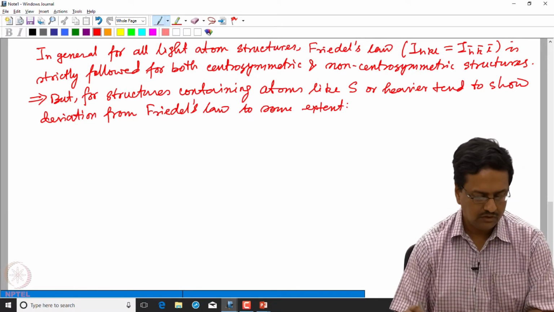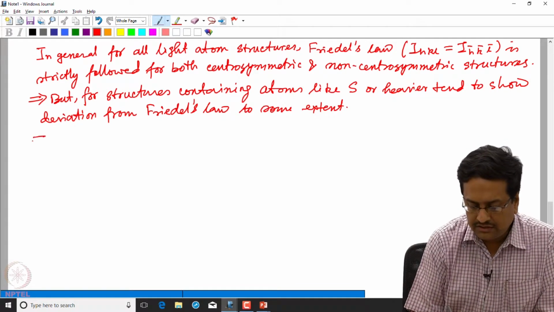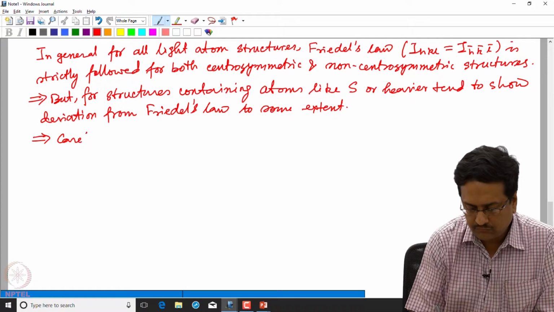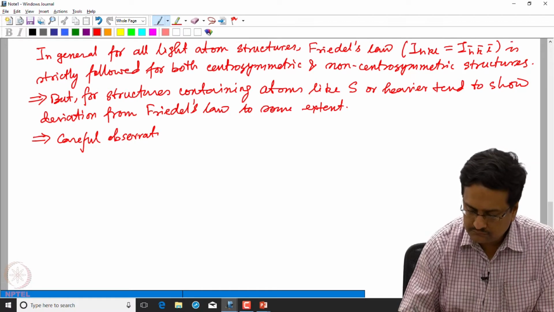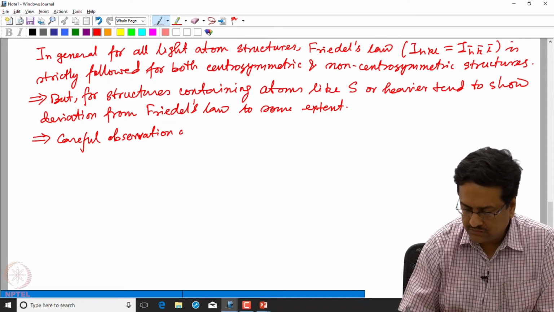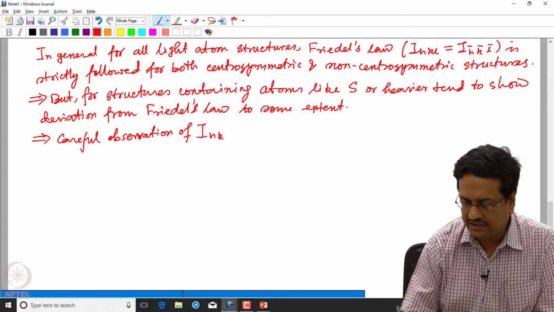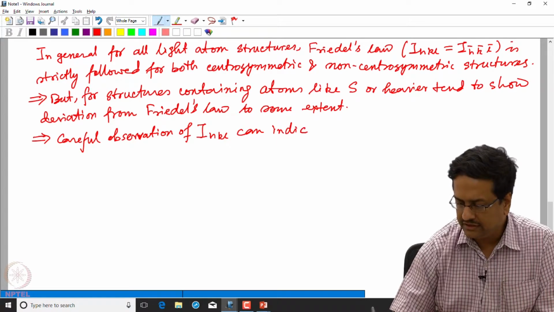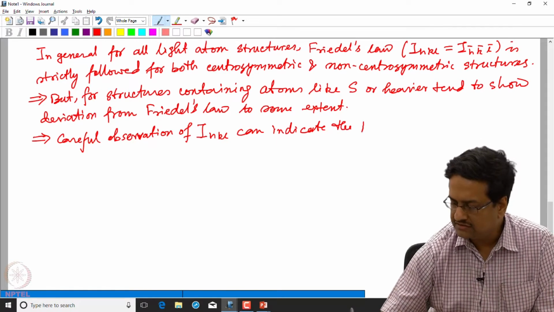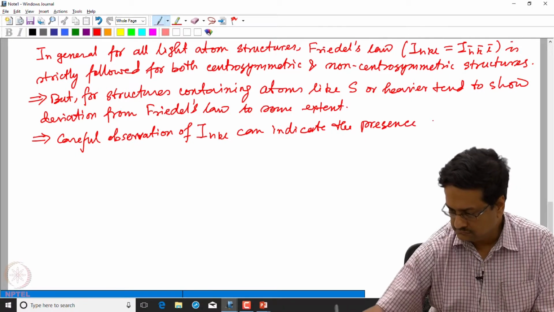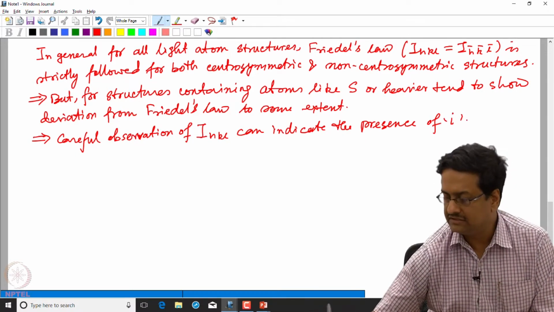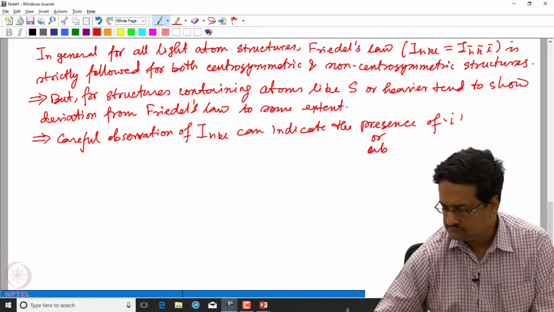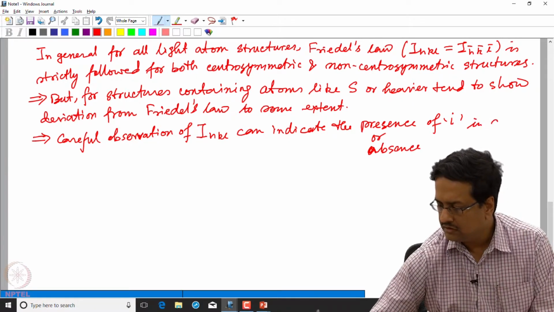So what we need is a careful observation of the intensities I H K L, which can indicate the presence, or rather presence or absence, of an inversion center in a structure.